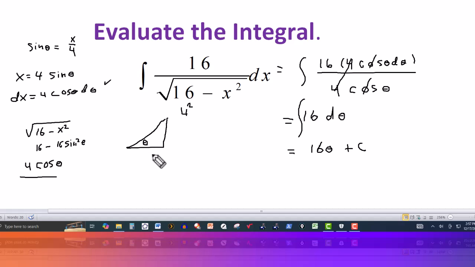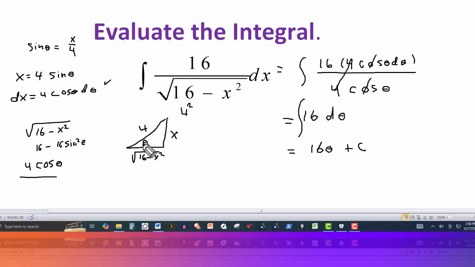So notice here we're using acute angles for this triangle, so that's why we take the absolute value or the square root of cosine squared. Because the angle is acute, we don't need absolute values. And we know that sine is equal to the opposite over the hypotenuse, so in this case this would be 4. And this side then would be the square root of 16 minus x squared.